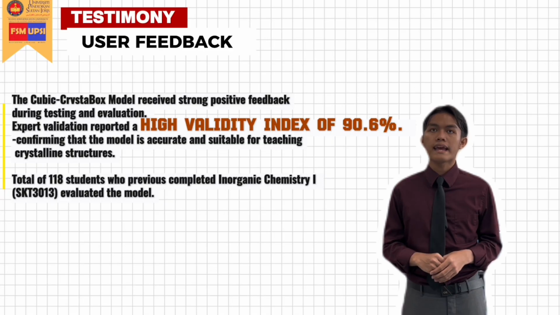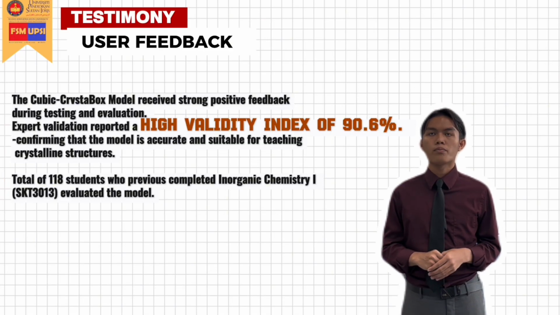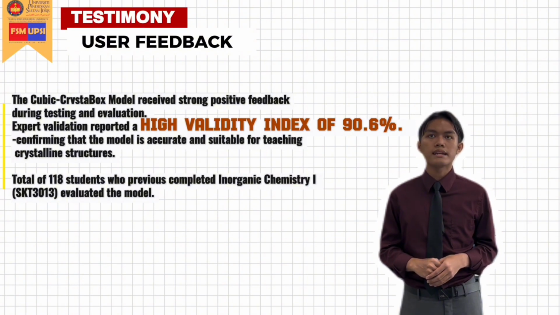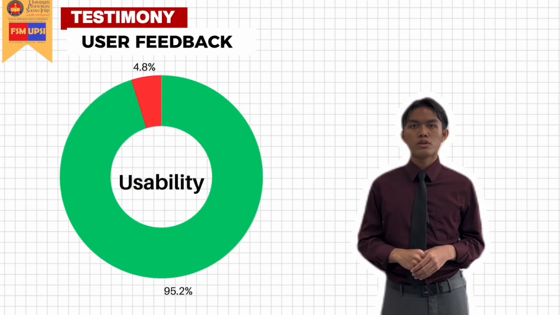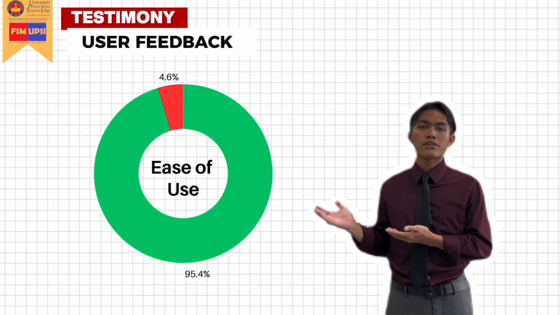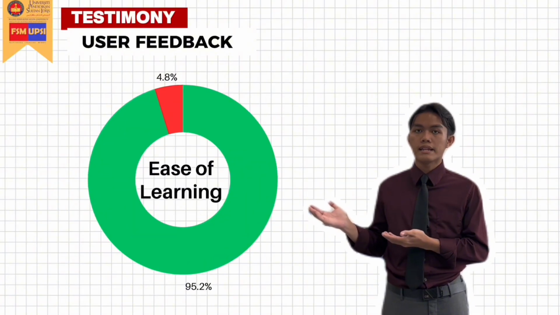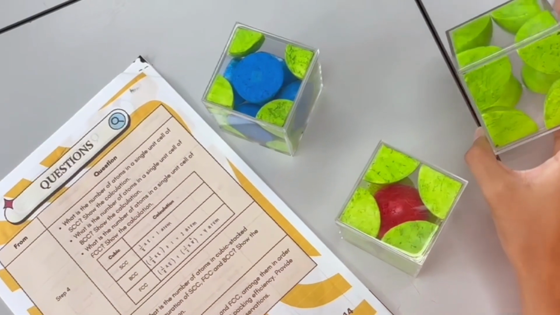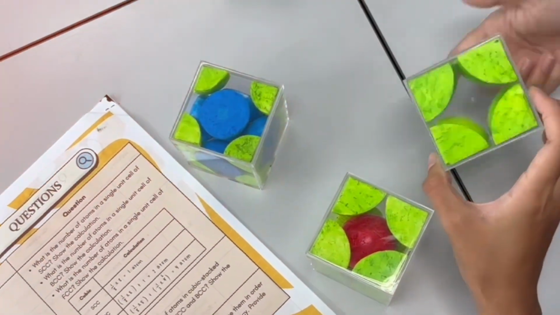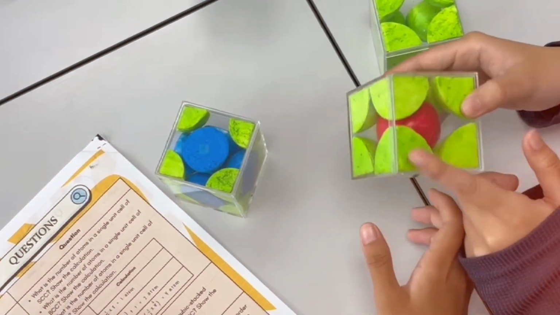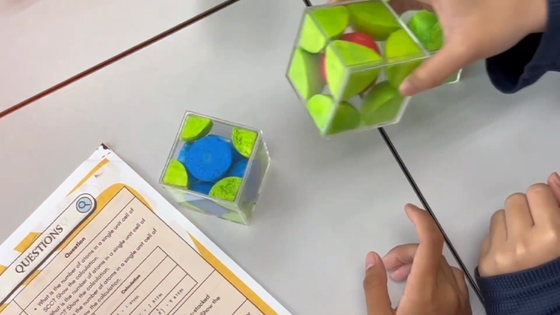A total of 118 students who previously completed Inorganic Chemistry 1 SAT 3013 evaluated the model, and the results show consistently high usability scores, which are usability 95.2%, ease of use 95.4%, ease of learning 95.2%, and satisfaction 95.2%. Students reported that the model improved their ability to visualize 3D structures, making abstract concepts easier to understand and increasing their overall engagement during learning activities.